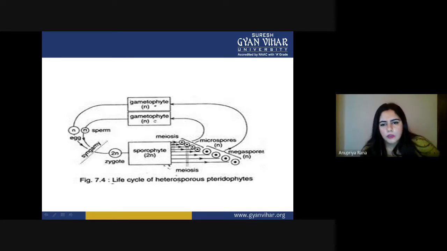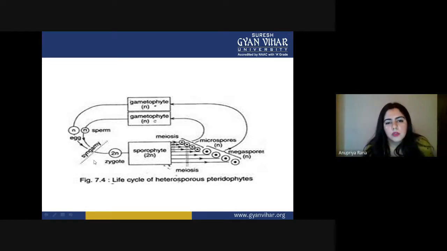Small one, microspore, male. Large one, megaspore, female. They make their own gametophytes, the microgametophyte and megagametophyte. Then they produce antherozoids and archegonium, and they also undergo syngamy, forming a zygote and making the plant diploid again.